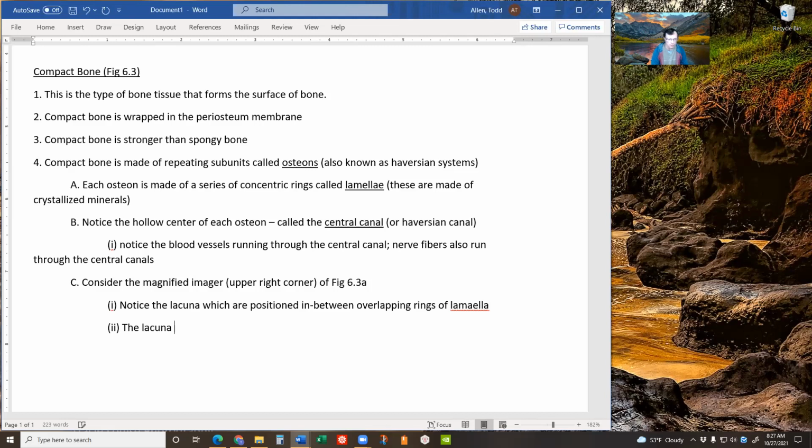The lacunae are pockets of space in the minerals of the bone tissue that allow a bone cell to reside. So bone cells take up residence in the lacunae. Okay.